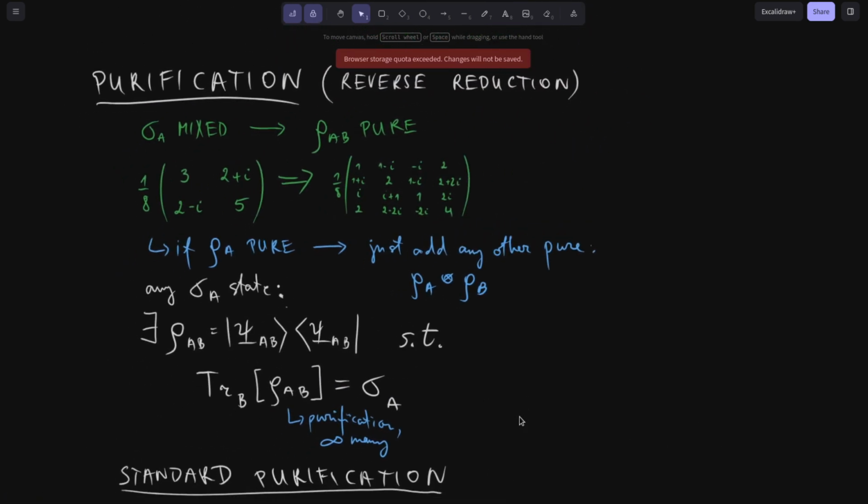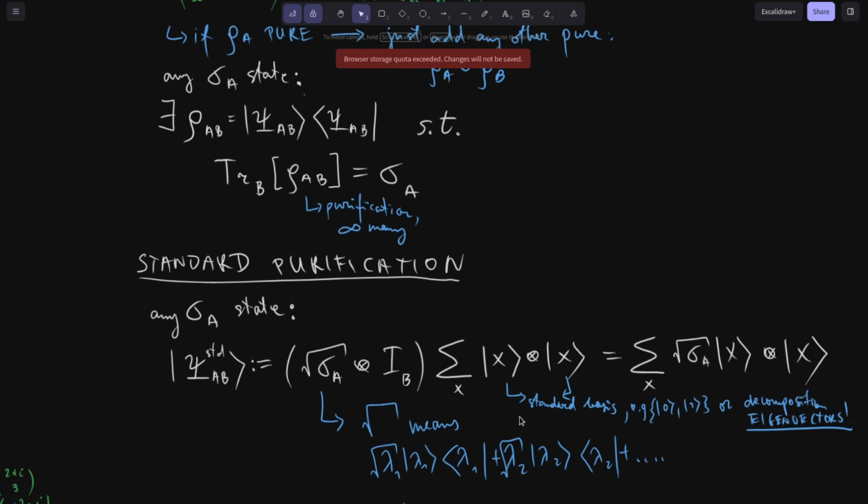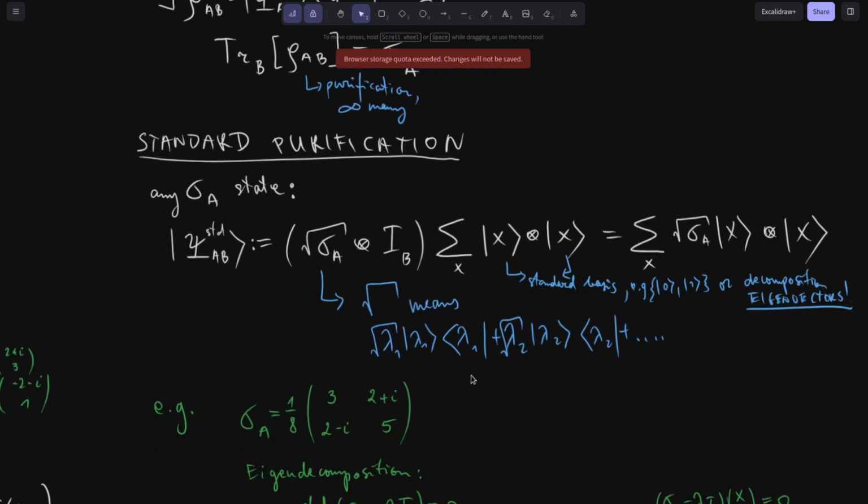We're just gonna choose one standard purification. And by definition, it's like this, right? We apply this thing, the square root of our state, to the first system qubit state, like this.